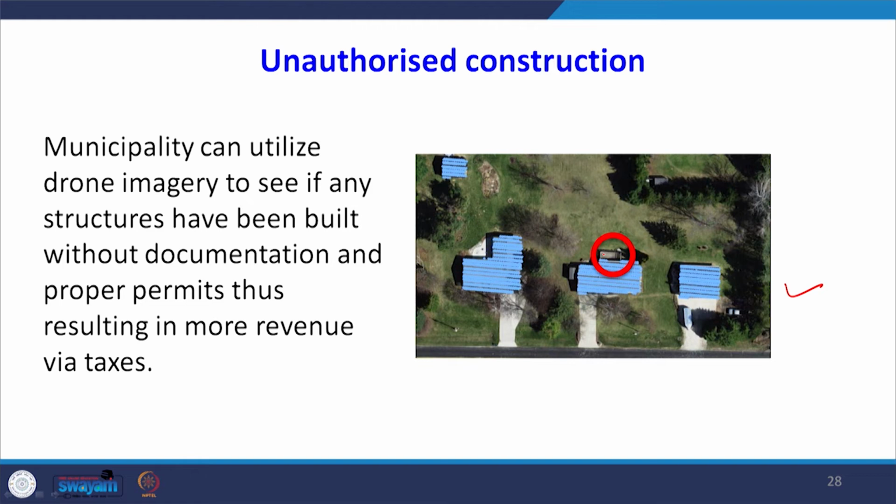Such unauthorized construction can be identified, and the municipality can then impose the proper tax and collect the proper revenue from the owner of that particular building. So, these images have been successfully used to develop the information system for municipal boards.